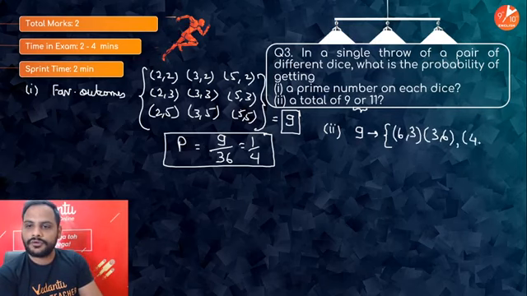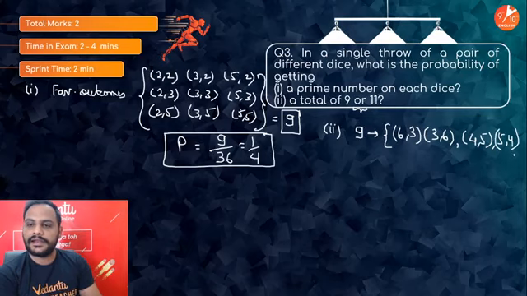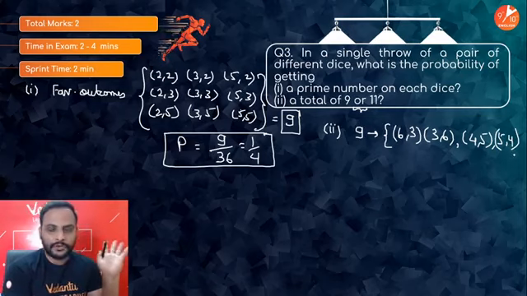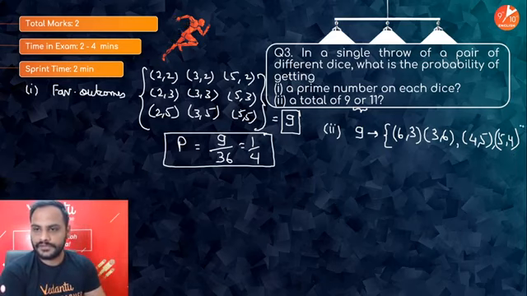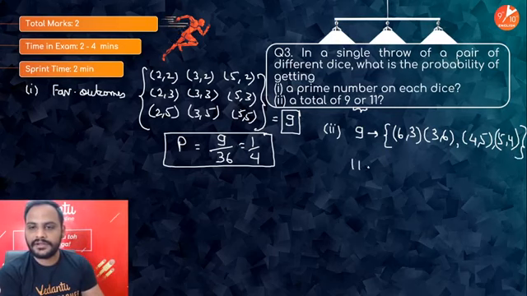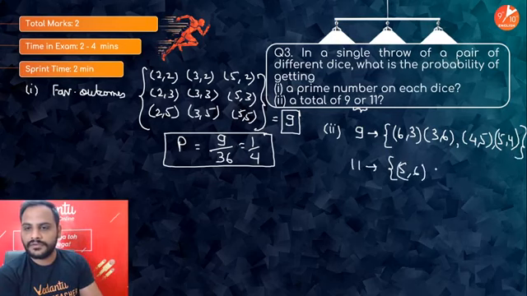And 4,5 or 5,4. Is there any other criteria? No, any other way, you will not be able to get 9. So these are the only cases. Then the sum 11. For 11, simple thing, 5,6 or 6,5.